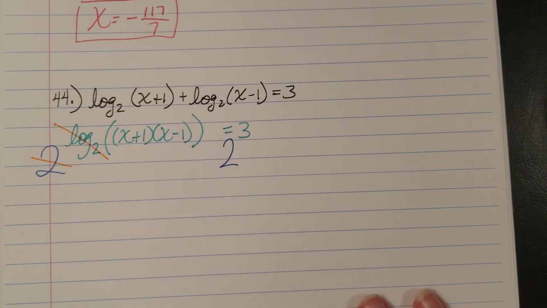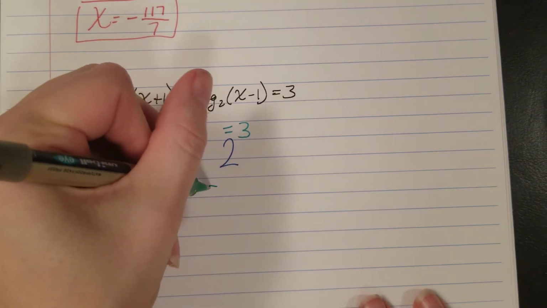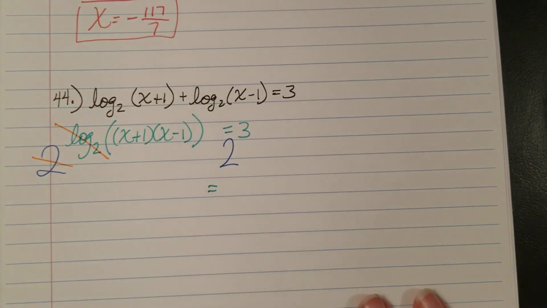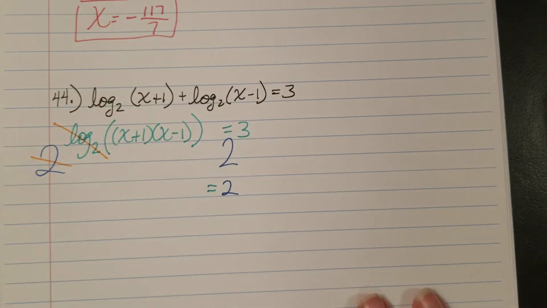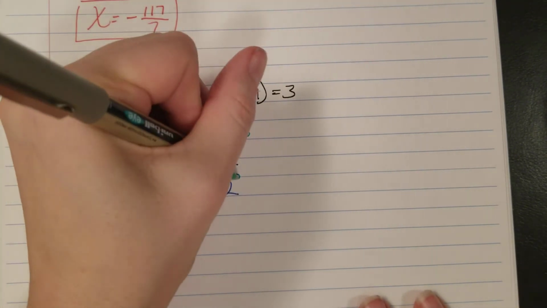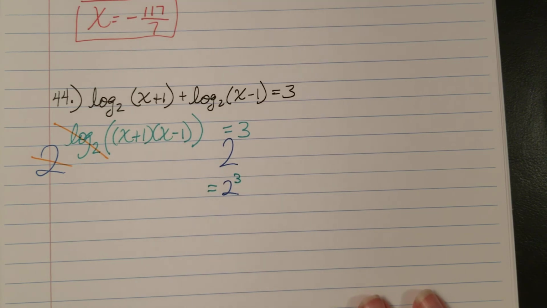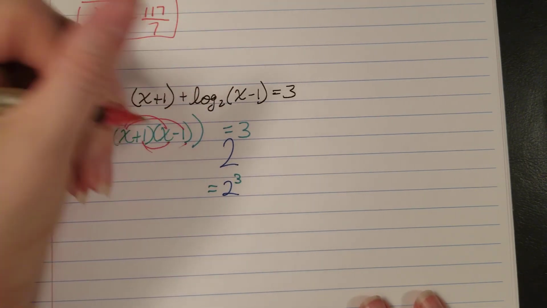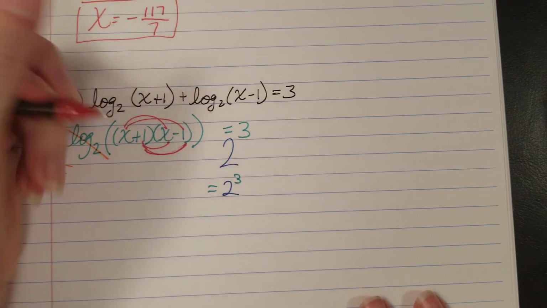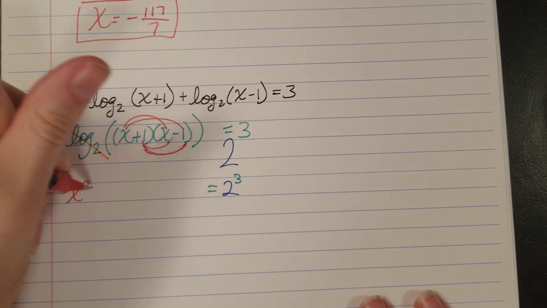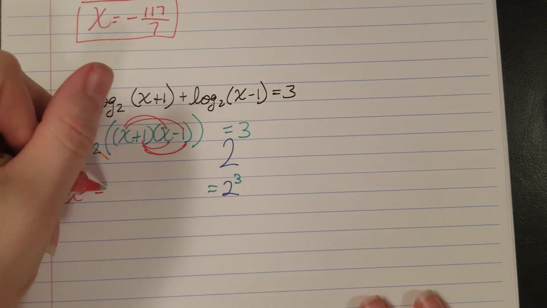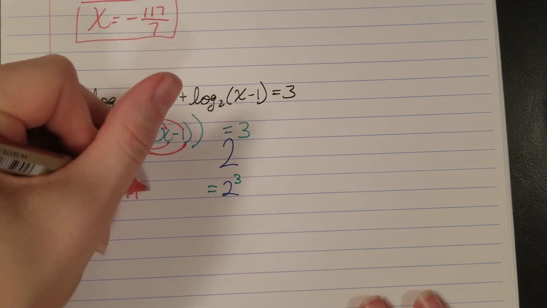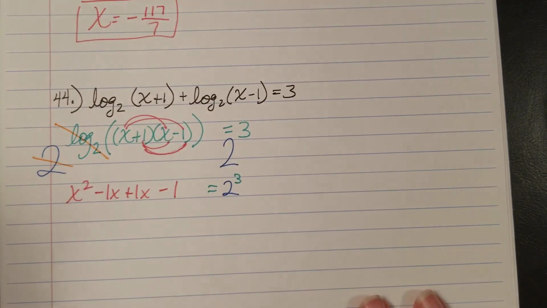All right, so this is equal to 2 to the power of 3. We're going to FOIL, so let's go ahead and FOIL that. That's going to be x squared minus 1x plus 1x minus 1.